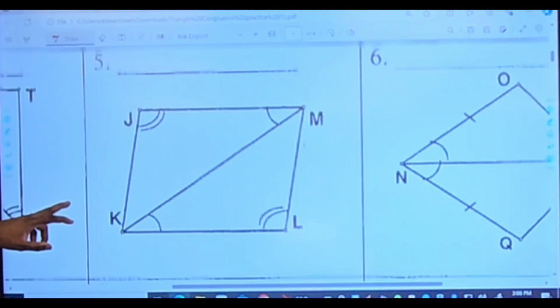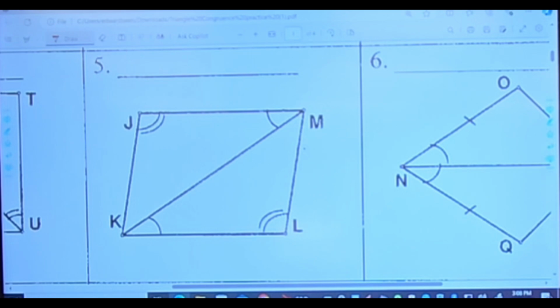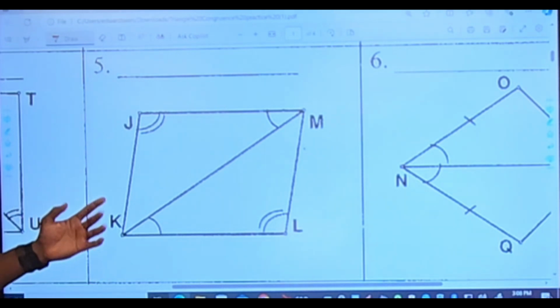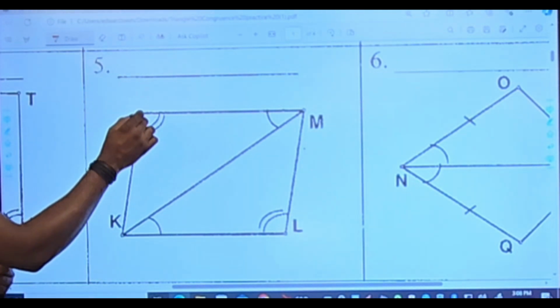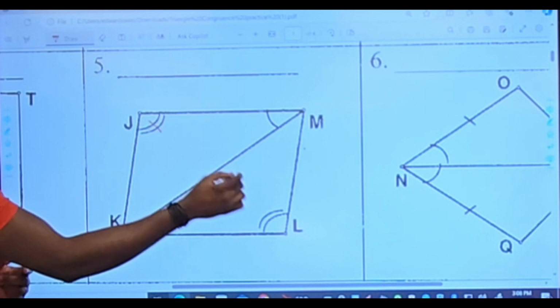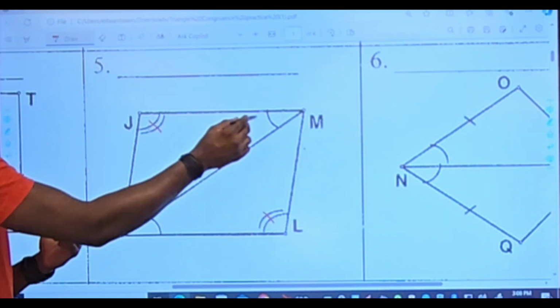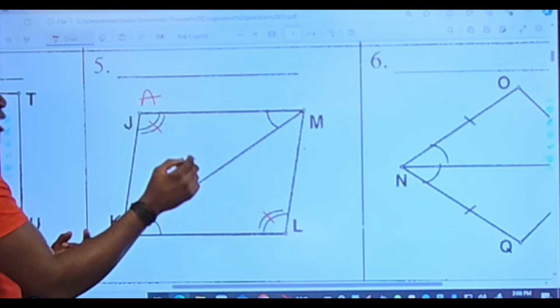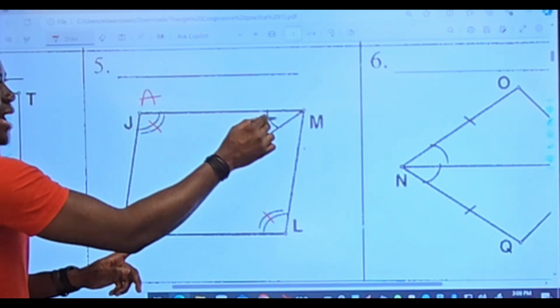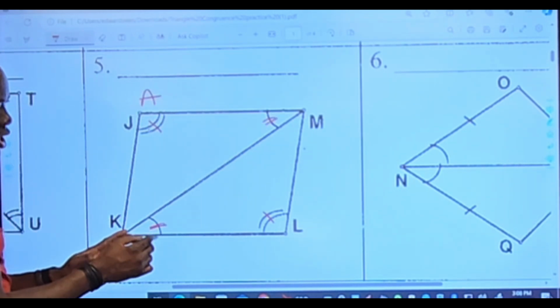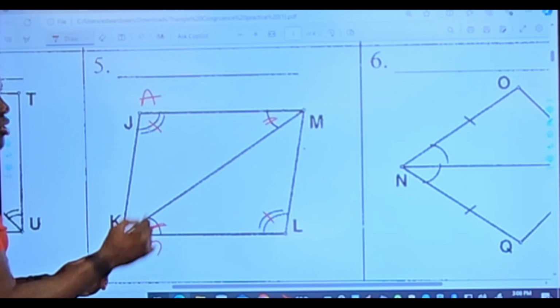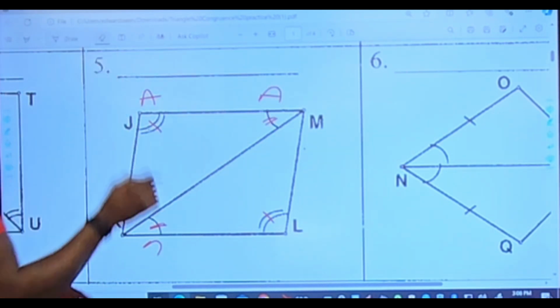Number 5. So at number 5, we're noticing a few things. We notice this angle here is like this angle right there. So we have a pair of angles already. And then I'm noticing this angle here is like this angle here. So I have angles. Take a look at what I got here.